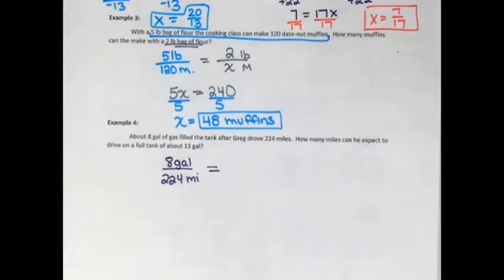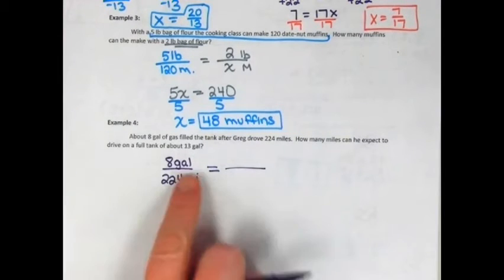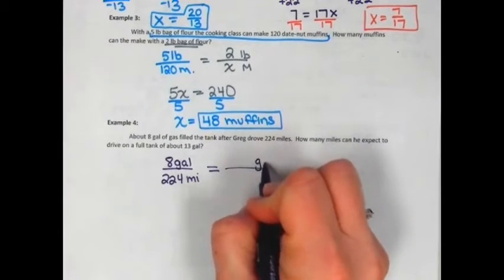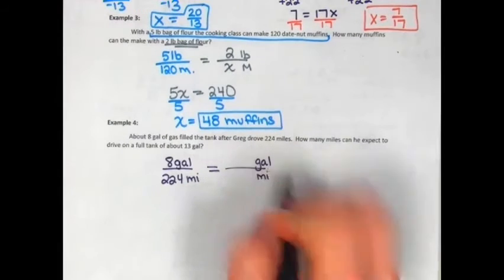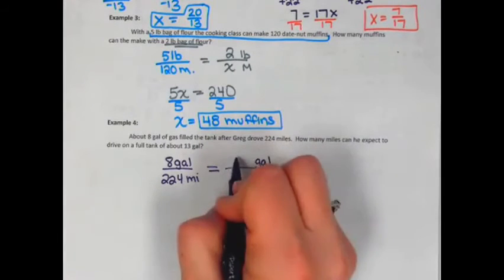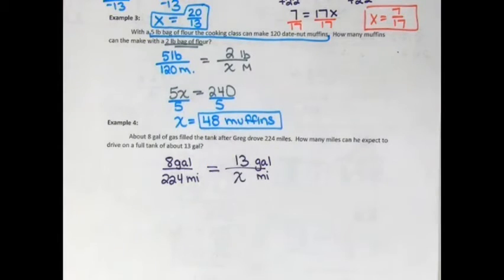Equals, now what would my other ratio be? Because I did gallons over miles, the second one has to be gallons over miles. So what's the next thing given? 13 gallons, and we want to know how many miles, so x miles.